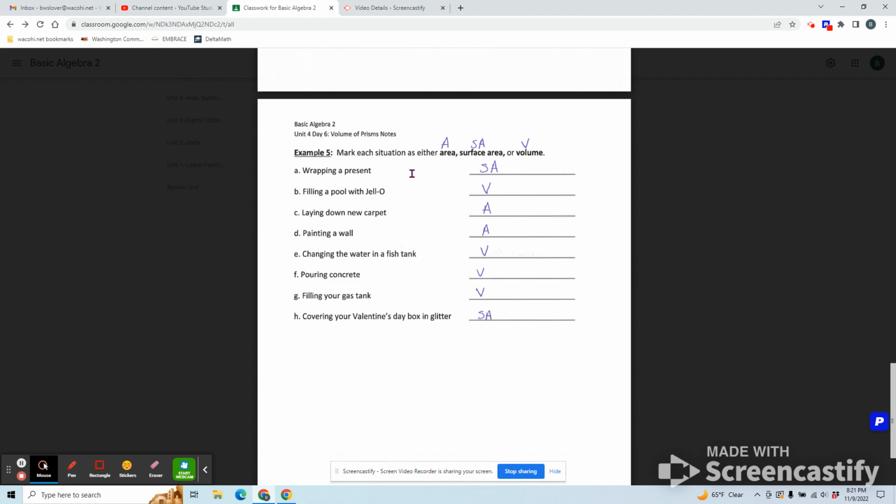So area would be laying down carpet or painting a wall. Surface area, wrapping a present or covering your Valentine's Day box in glitter. Because when you cover your Valentine's Day box, it's everything on the outside of your box. And then volume, filling a pool of Jell-O or changing water in a fish tank, pouring concrete, or filling your gas tank.